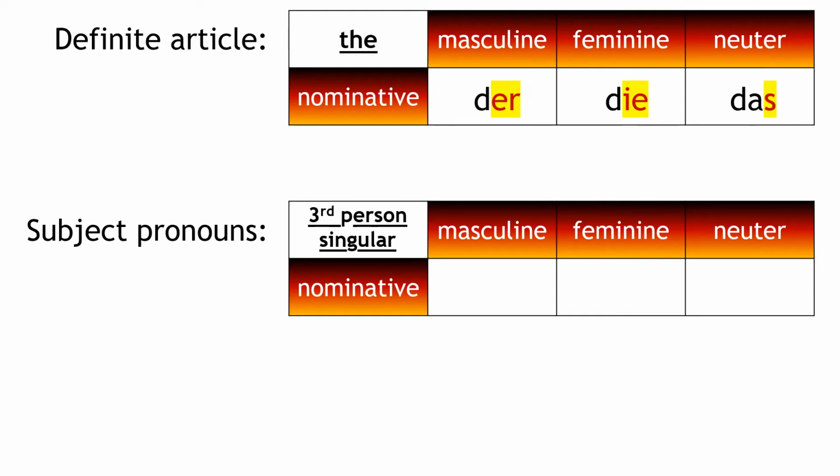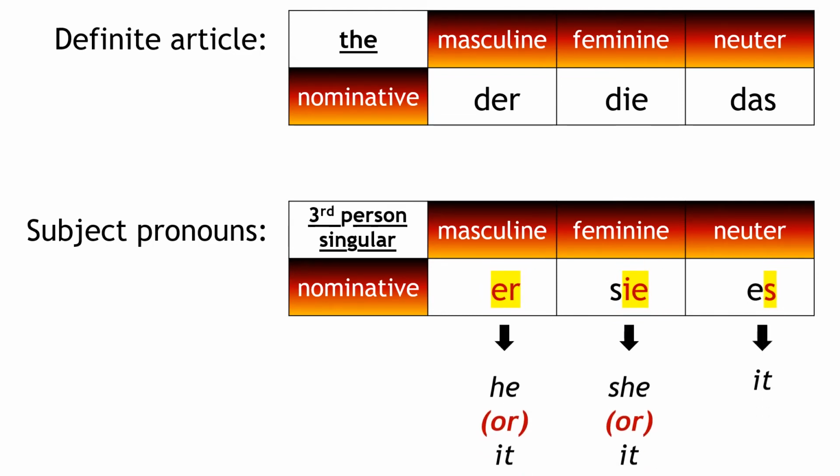Now, I'm going to use this screen to show you a connection between the three singular nominative forms of the definite article and the subject pronouns which we need to express the third person singular. If you look at the bottom of the screen, you will see that the word it, that is the English word it, appears 3 times.